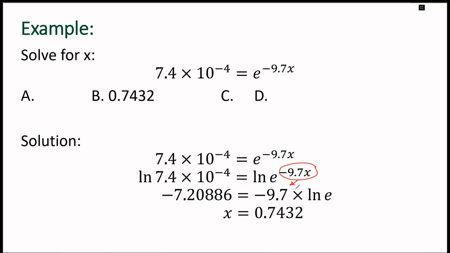Actually, sorry, this is x, not times. Negative 9.7x ln e. So by transposing the terms, we can get the value of x equal to 7.7432. So x is still x.